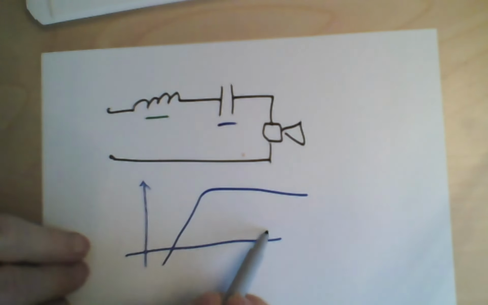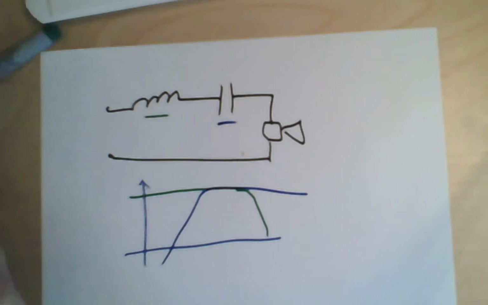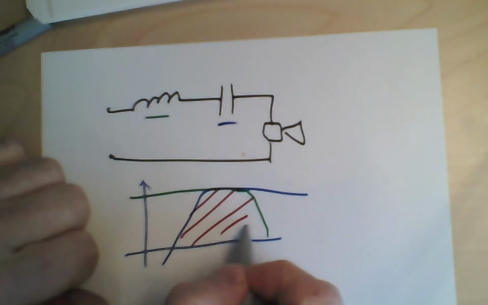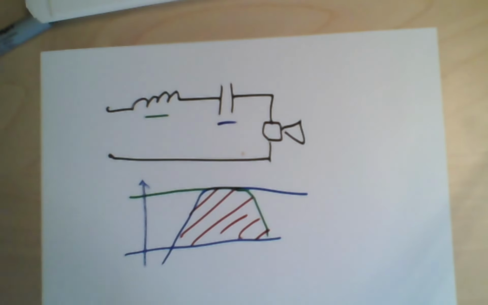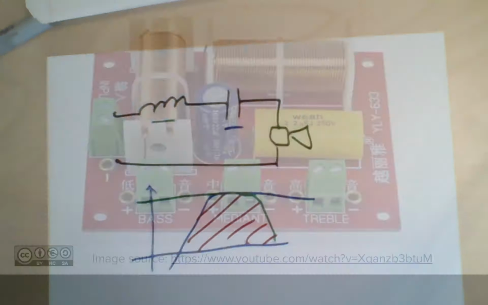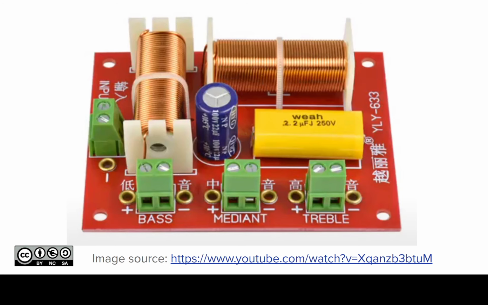So with the low pass filter property like that, this is the middle band here that passes through. And okay, so this actually does exist in the world. A real life example that works.